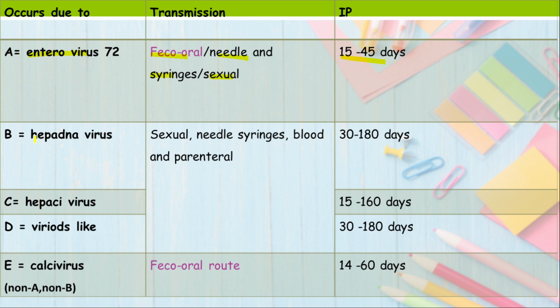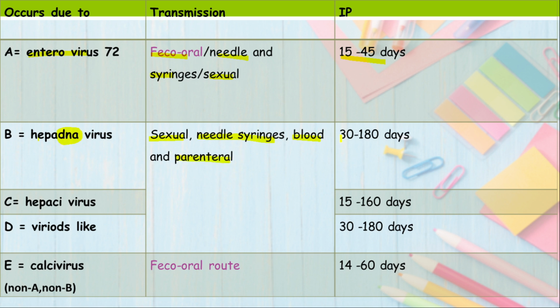Then comes hepatitis B virus. It is a HepaDNA virus. So you can remember this is the only DNA virus in case of hepatitis. So be clear, it is hepatitis B. Then the transmission occurs through sexual transmission, needle or syringes, blood transfusion, and mainly parenteral routes. Okay.